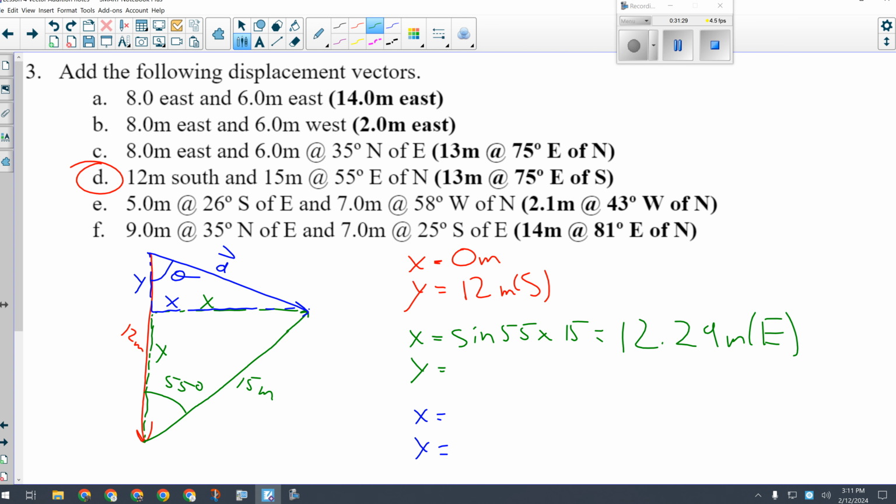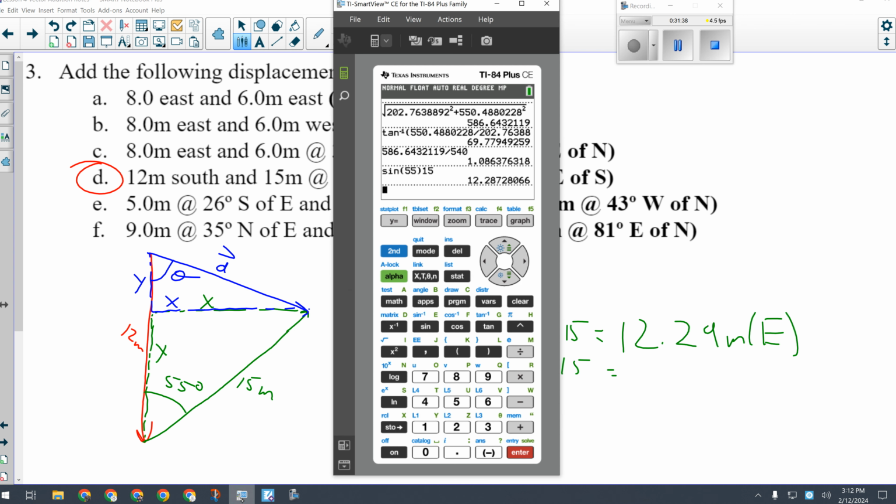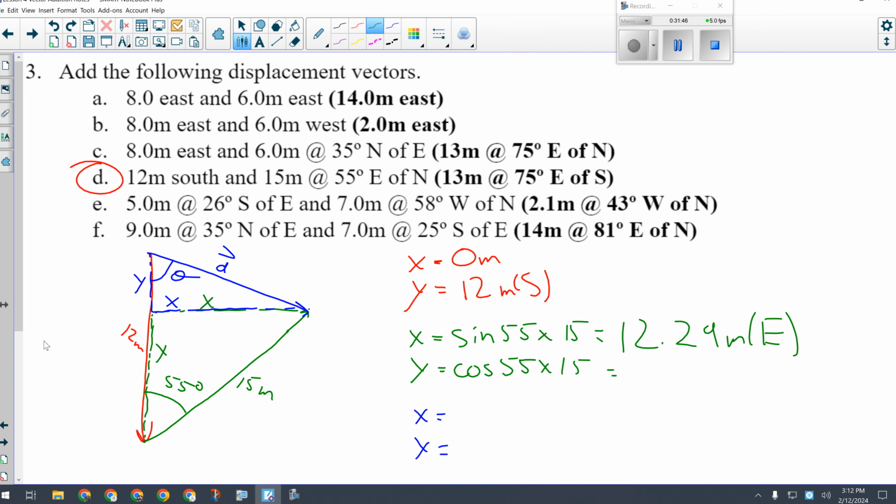And then for Y, it's adjacent, so we would go cos of 55 times 15 meters, or we're looking at 8.60 for that one, and that is north.